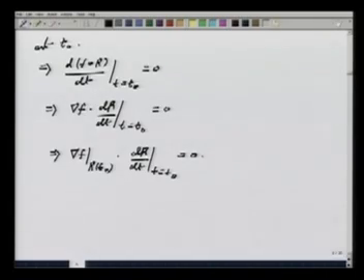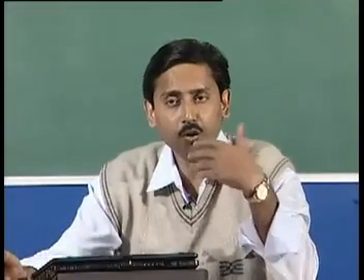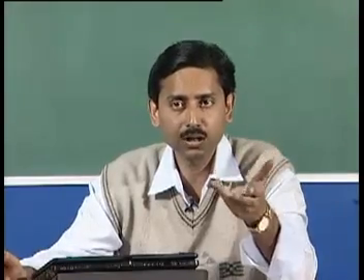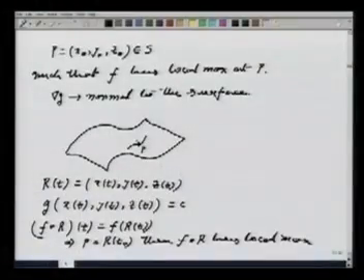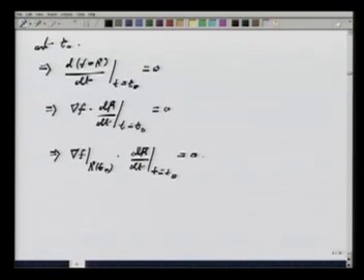Now notice this is happening for all possible curves because it has a local maximum. That is, if I go back to the picture, instead of this I could have taken this curve, I could have taken this curve. All possible curves passing through P, if I take, then this relation is true. But dr/dt at t equal to t naught gives us the tangent plane. So grad f at r(t naught) is a vector whose dot product with any tangent vector is 0.